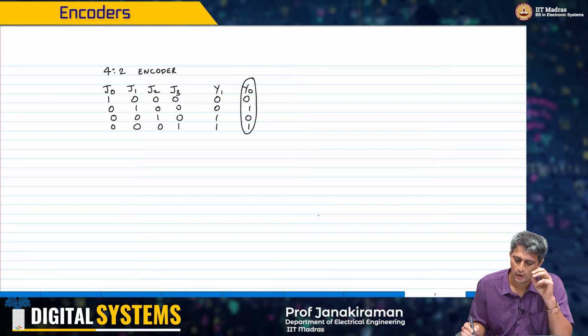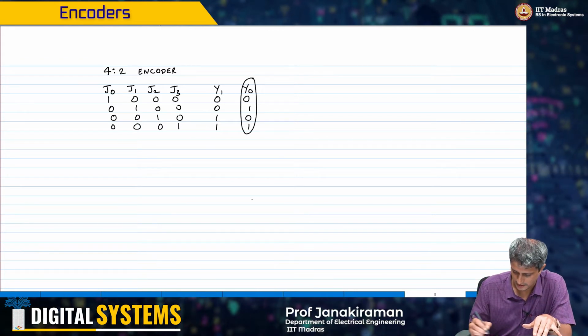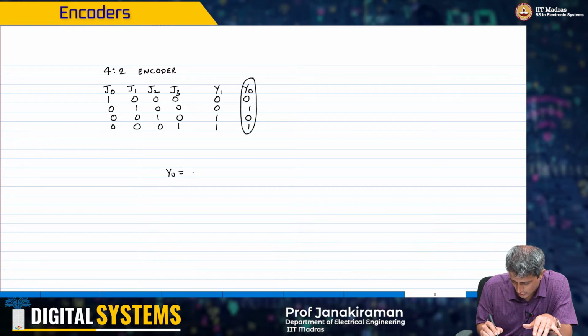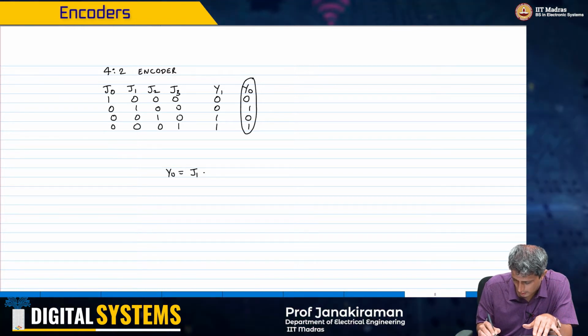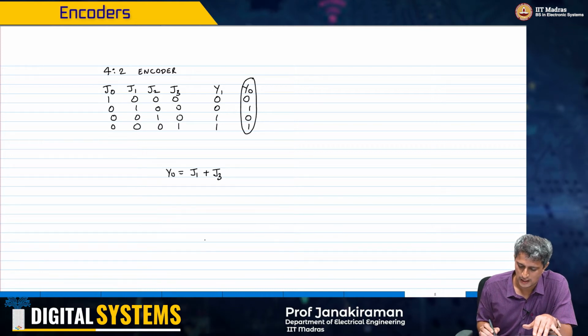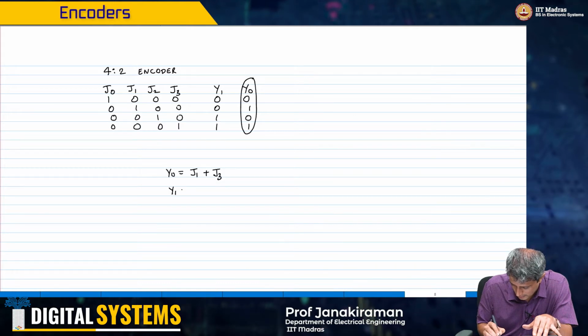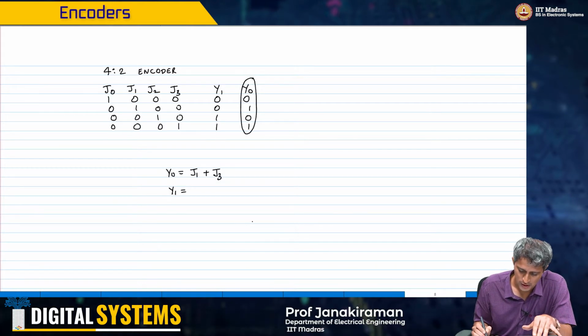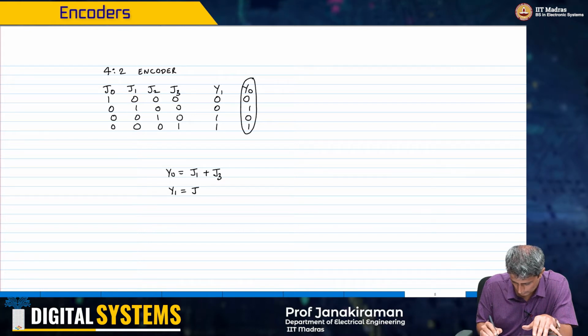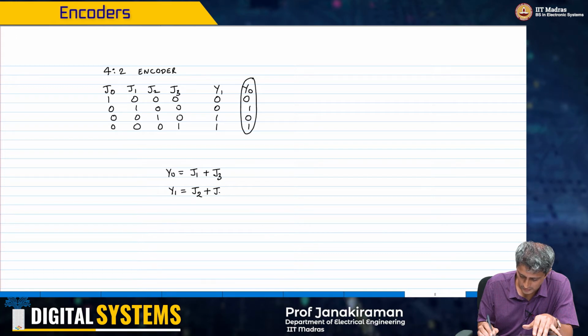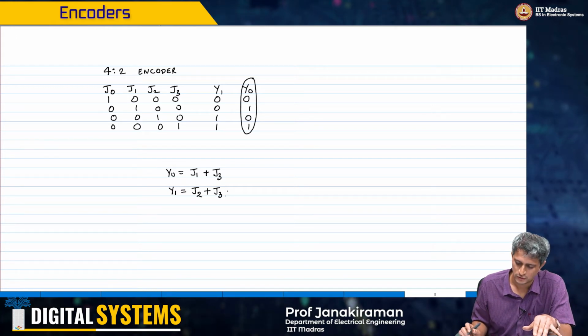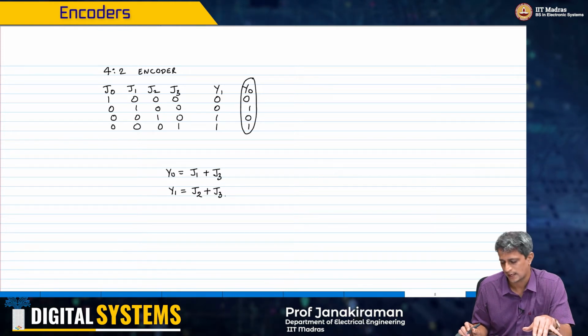So Y0 can simply be written as J1 or J3. On the other hand, what about Y1? It is going to be J2 or J3. Exactly, okay.